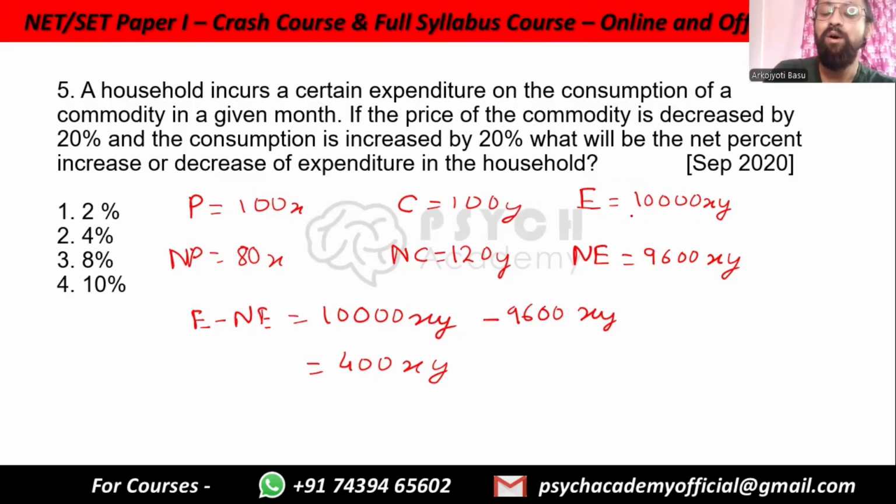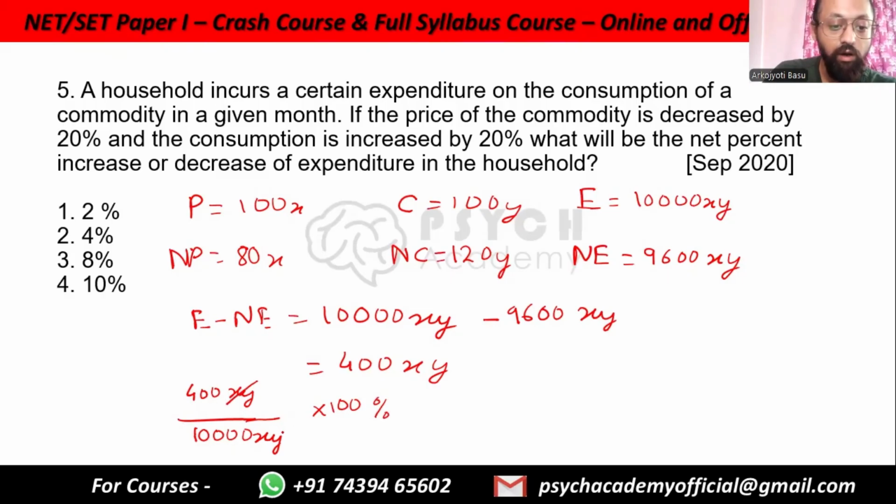So whenever we are calculating increase or decrease of percentage, we always calculate it on the one that was initially there. That is how it changed. So the change is 400xy by 10,000xy. We have to convert it into percentage, so multiply by 100%.